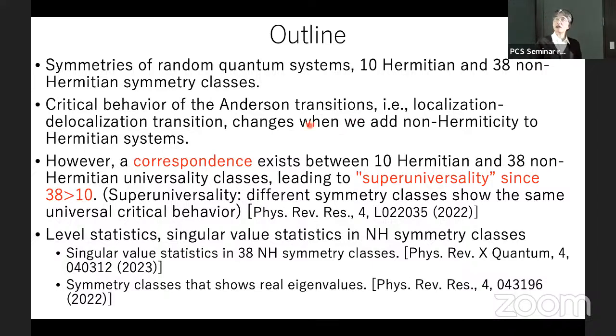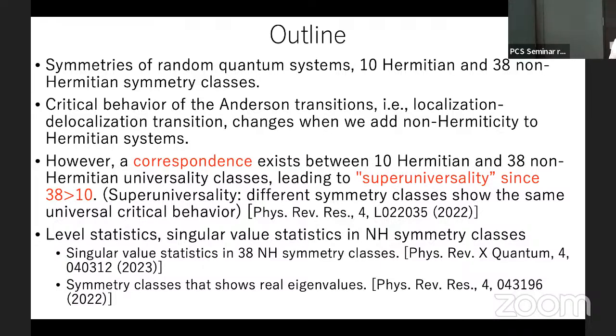But a correspondence exists between 10 Hermitian and 38 non-Hermitian universality classes, leading to what's called superuniversality. Superuniversality is that different symmetry classes show the same critical behavior. And as you know, 38 is greater than 10. So there should be superuniversality if this mapping is correct. And then if I have time, I will talk about the level statistics and the singular value statistics. But anyway, let me begin.